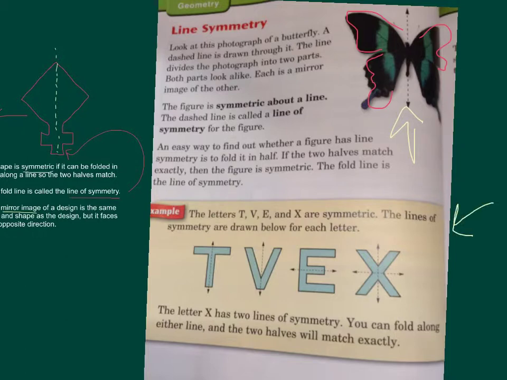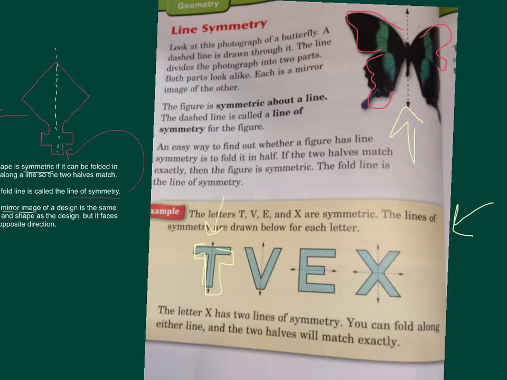If we look at the letter T, these are kind of box letters. V, E, and X, there are lines of symmetry that are already drawn for you. So if I were to fold one side of the T against the other, down the middle line of symmetry, you would see how it's a mirror image.